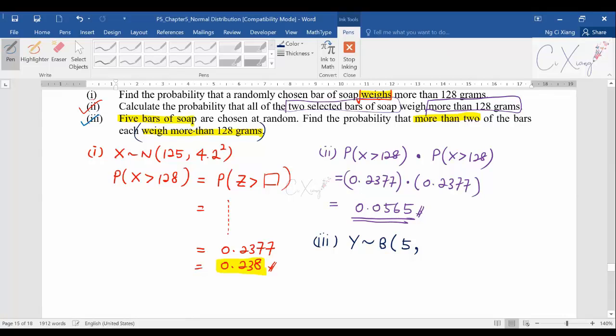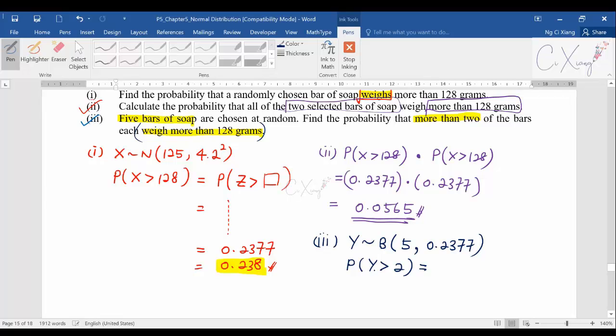So what is the probability for this something happened? You got it just now, 0.2377. So please put in the original value. Don't use a shortcut, don't put 0.238. You should put 0.2377. After that, they want you to calculate the probability that the number of soaps is more than 2.